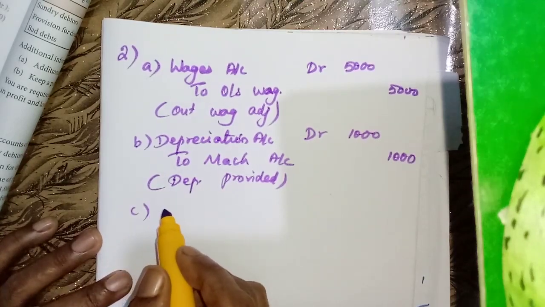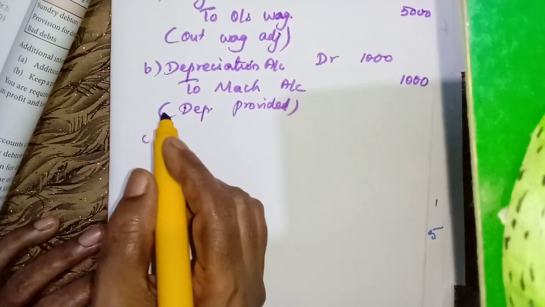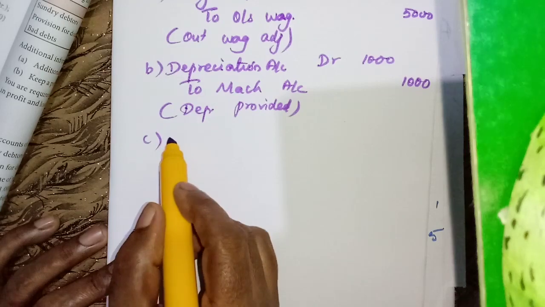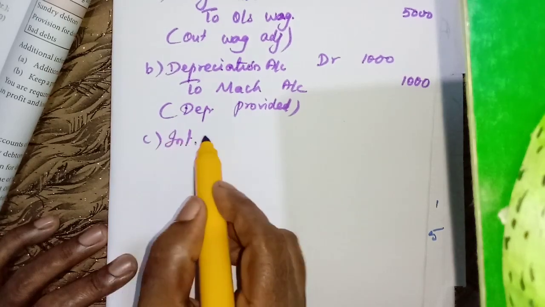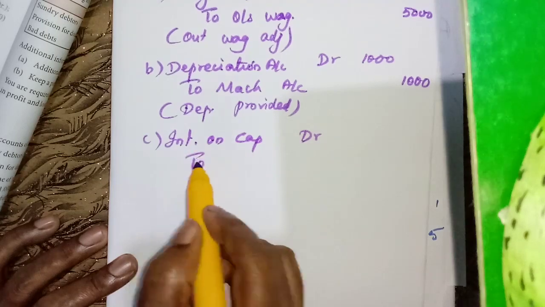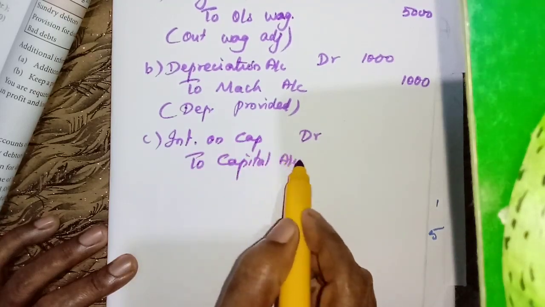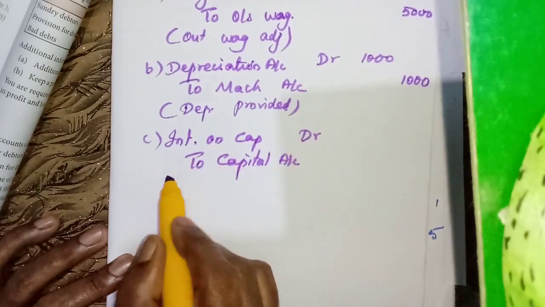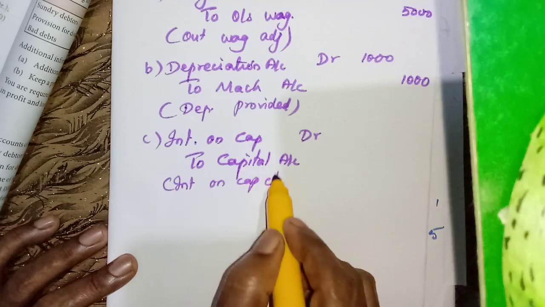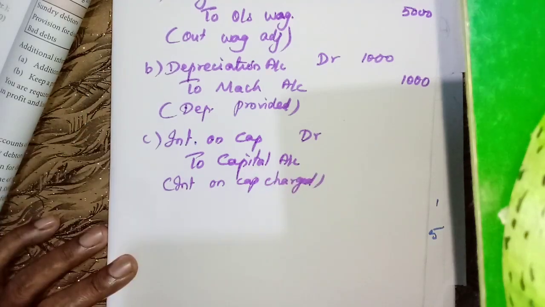Then interest on capital. Interest on capital is an expense. So interest on capital account debtor to capital account. Okay, interest on capital charged, 5% on 20,000.